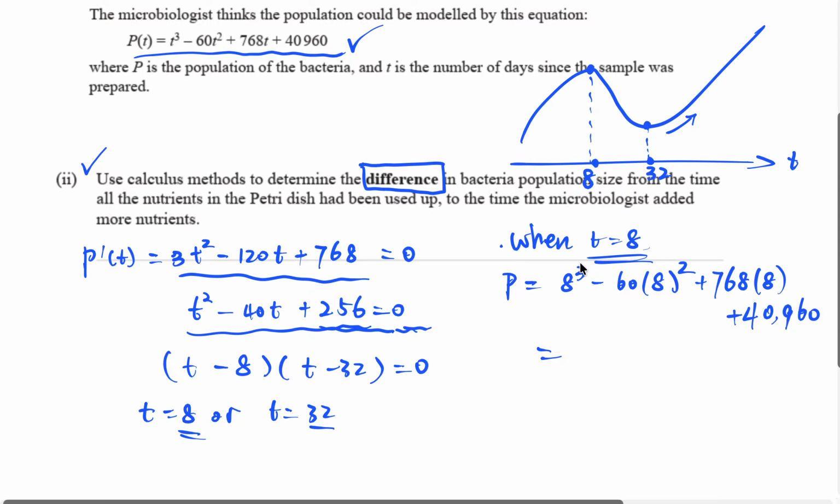Scientific mode. 8 cubed, minus 60 times 8 squared, which is 64, plus 768 times 8, and then plus 40,960 equals, a big number as well, 43,776.